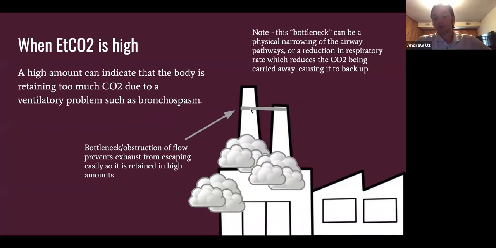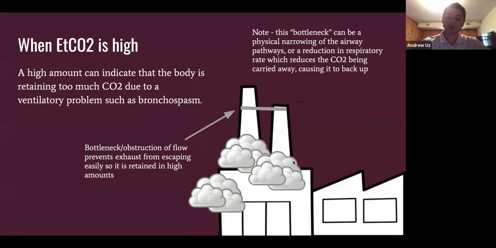This bottleneck can be a physical narrowing of the passages, but it can also be a reduction in the airflow, not by a physical obstruction, but a reduction due to a lower volume of air passing through. So if the respiratory rate slows, you're having less air moving through, less air carrying that CO2 away. So it builds up, so you get a high value.